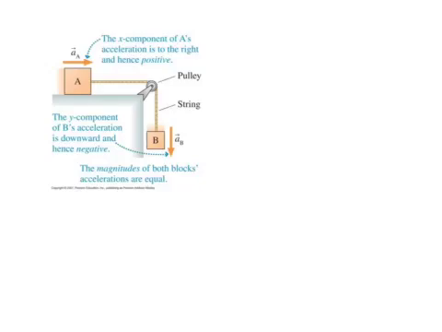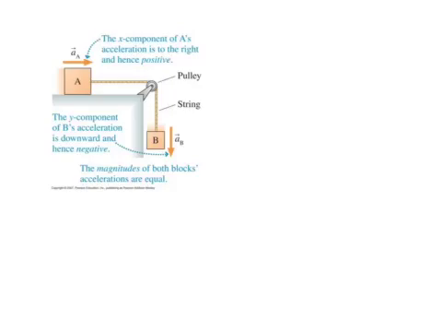For example, these blocks here are connected by a string, so they're constrained to move together and their accelerations have equal magnitudes, but A is going to have a positive acceleration to the right and B is going to have a negative acceleration in the downward y direction. But both accelerations will have the same magnitude.